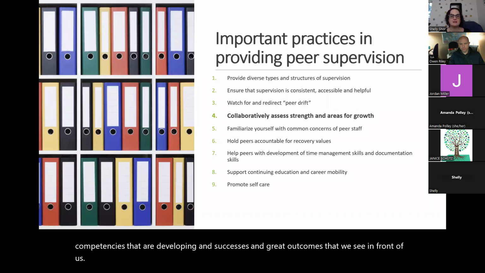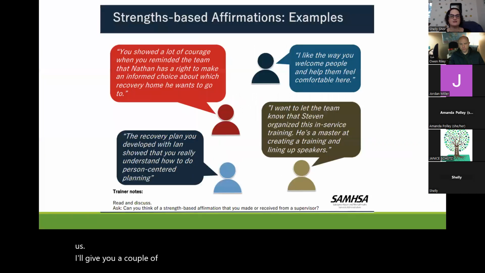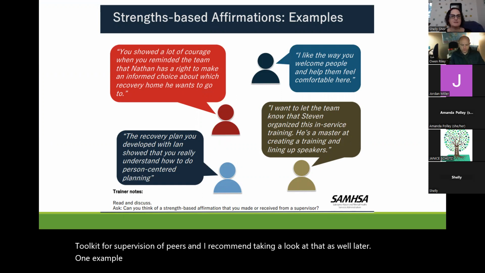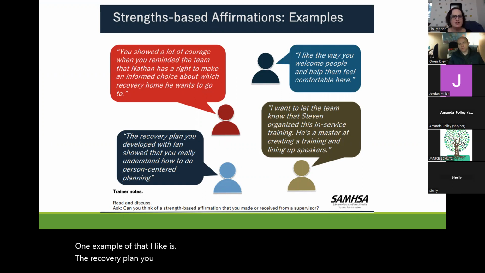I'll give you a couple of examples. I took that slide from the STEMSA toolkit for supervision of peers, and I recommend taking a look at that as well later. One example that I like is the recovery plan you developed with Ian showed that you really understood how to do person-centered planning.